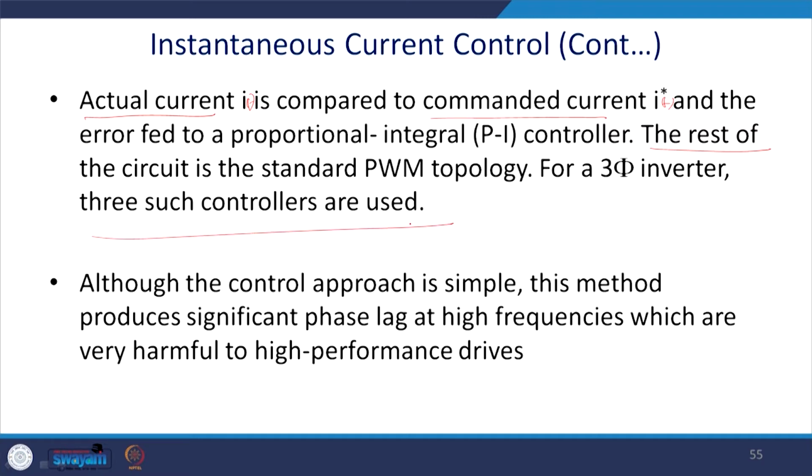Although this control approach is simple, this method produces a significant phase lag, because the correction can take place a little bit lagging. Ultimately, the PI is challenged to get rid of this phase lag. So, we require to design the PI properly, as lag at high frequency is very harmful to high performance of the drive. It generates ripples and thus ripple in the torque will be present.